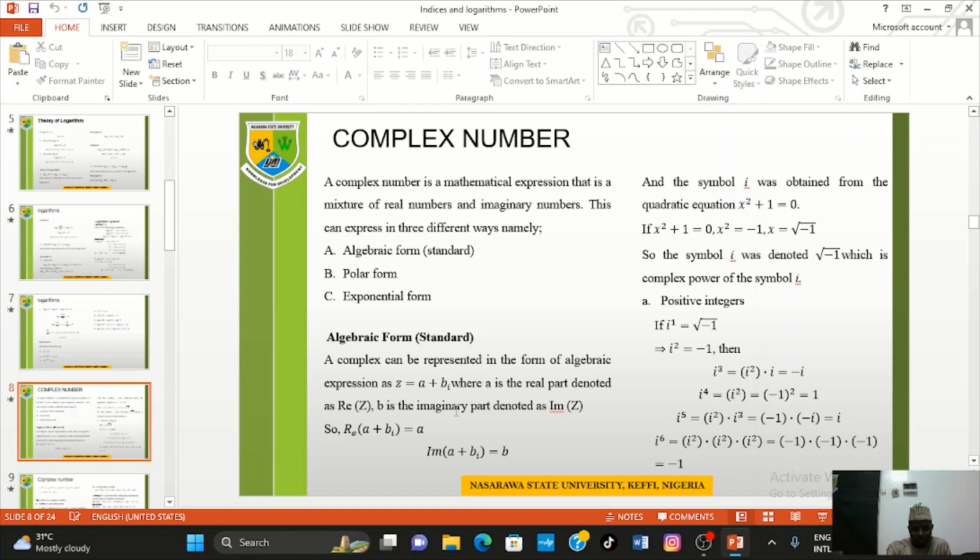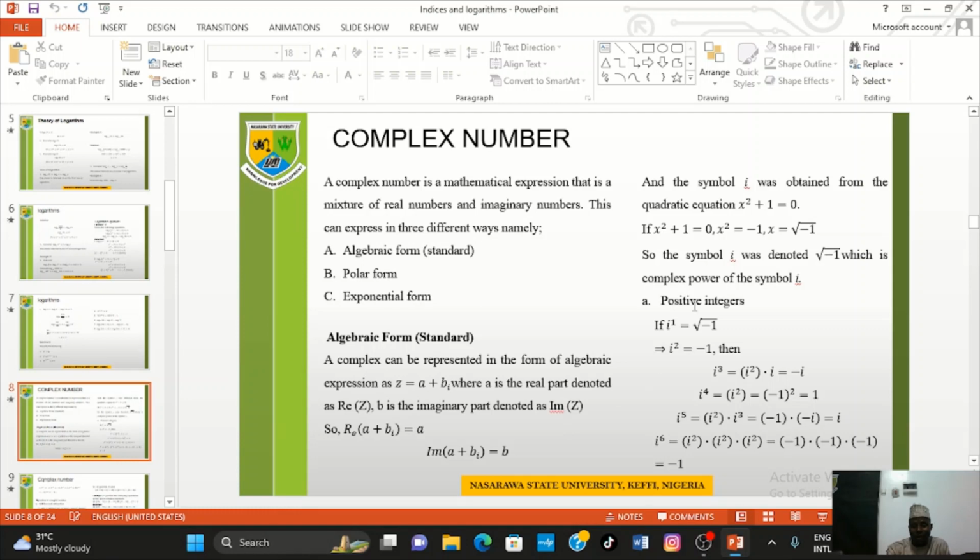Then b is the imaginary part denoted as Im(z), where Im stands for the imaginary part of z. So Re(a plus bi) equals a. Then the imaginary part, Im(a plus bi), equals b.